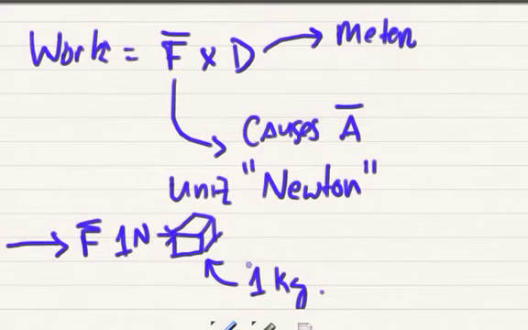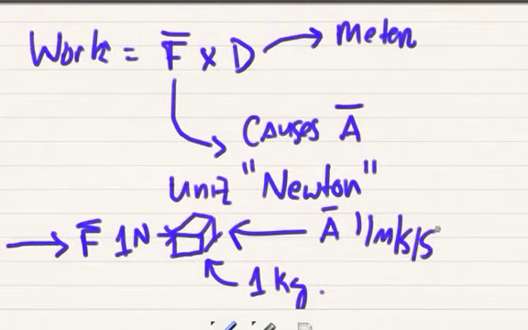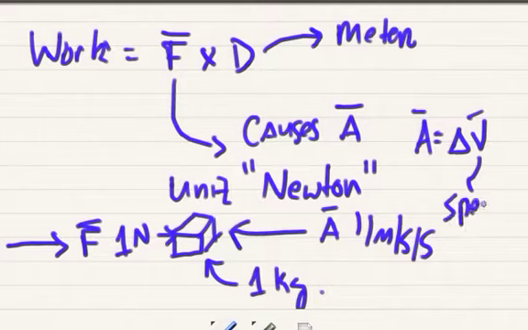That will cause this 1 kilogram object to accelerate by 1 meter per second squared, or 1 meter per second to the minus 1. An acceleration is just a change in the velocity, and the velocity is just the speed plus direction. So acceleration is changing the speed and direction. That's what 1 Newton of force is.